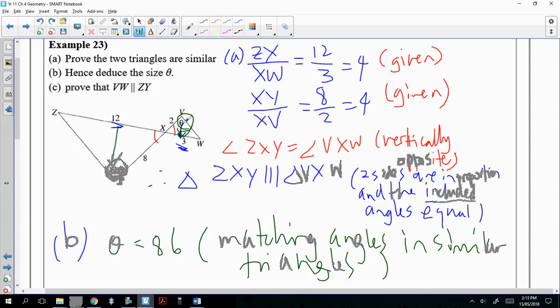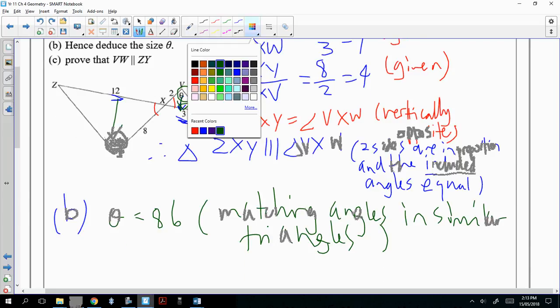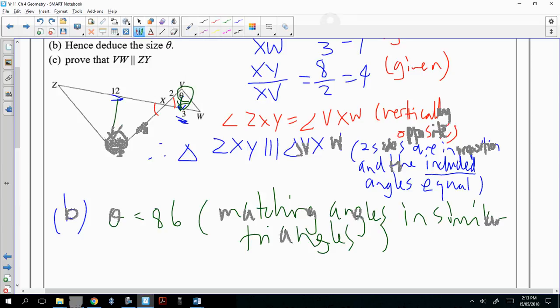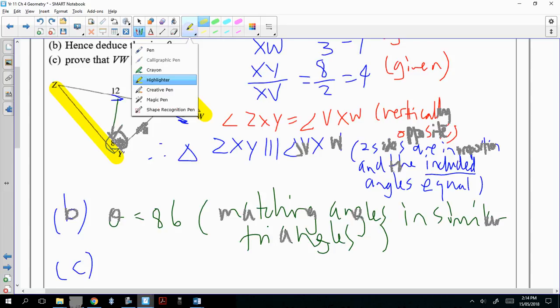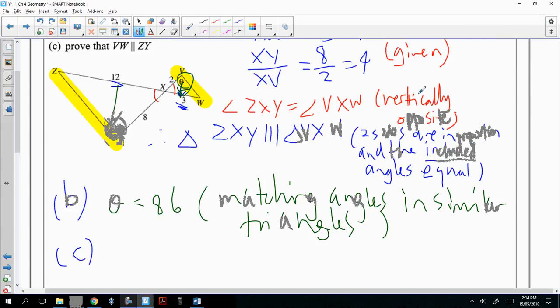We've been doing that a lot. How do I prove 2 lines are parallel? Let's look at which 2 lines: this one and that one. There are some tests we can do. Which test do we use? There's 3. Now we've just proven these 2 are equal, they are both 86 degrees. What sort of angle do they form? Alternate.